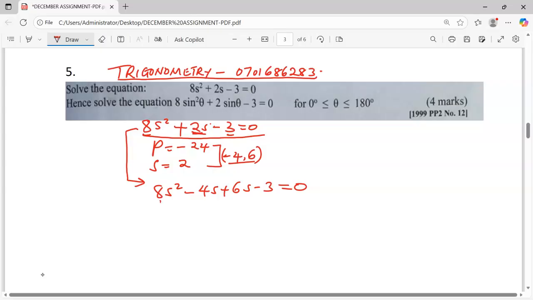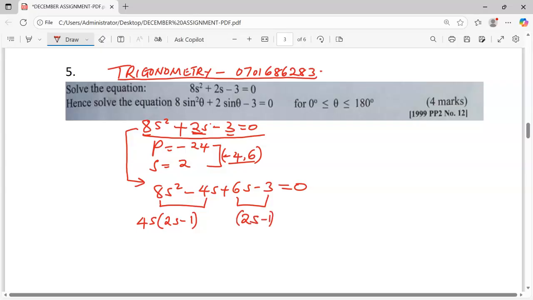Once we have done that, we are going to factorize the two in pairs. Between 8s squared and 4s, 4s is common, and we are going to have 2s minus 1. The same bracket is what we are going to have here as 2s minus 1.